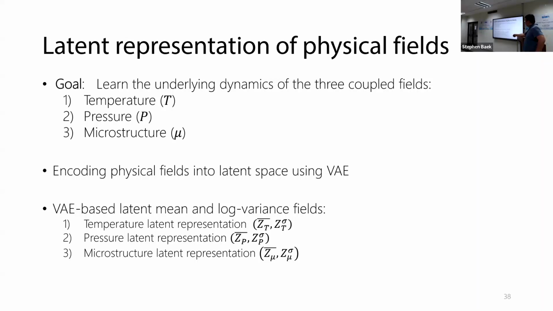So ZP is the lower dimensional representation of the original pressure field, and again we have ZP bar, the mean, and ZP sigma, the standard deviation. And lastly, we do the same for the microstructure. So Z mu is the latent reduced order representation of the microstructure field, where bar denotes the mean and sigma denotes the standard deviation.